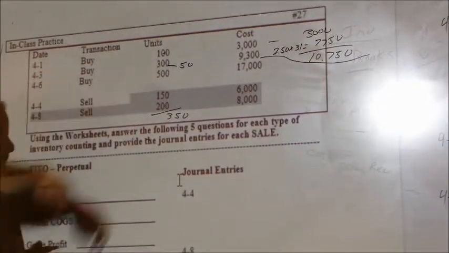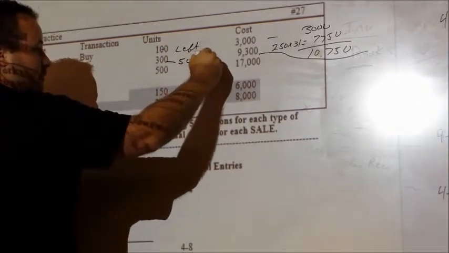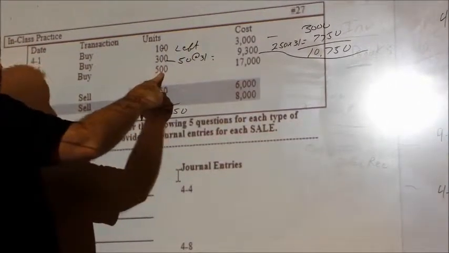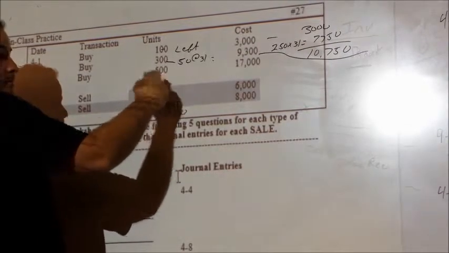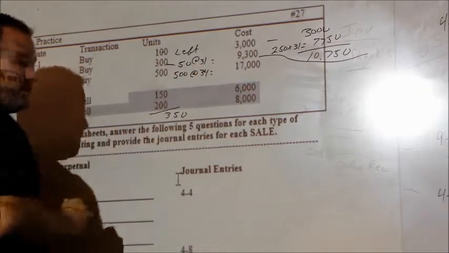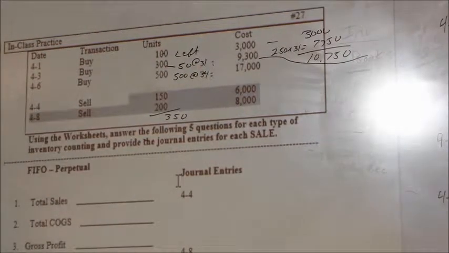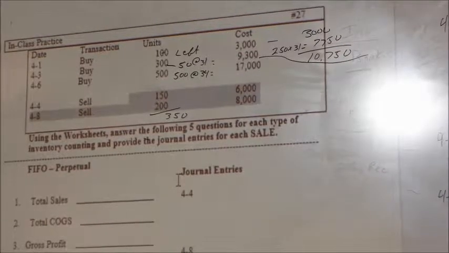So I have 50 left at 31. And all of these left at 31, all 500, or at 34, I should say. My ending inventory can just as easily be computed to finish out this equation.